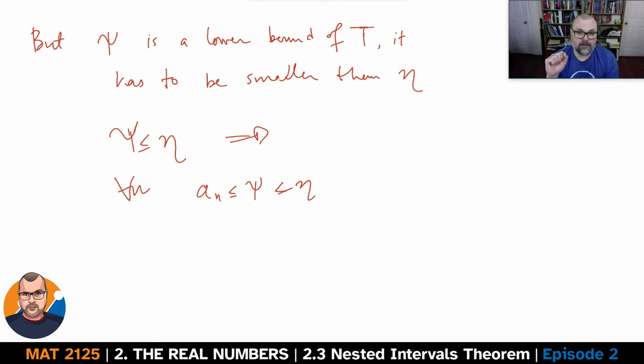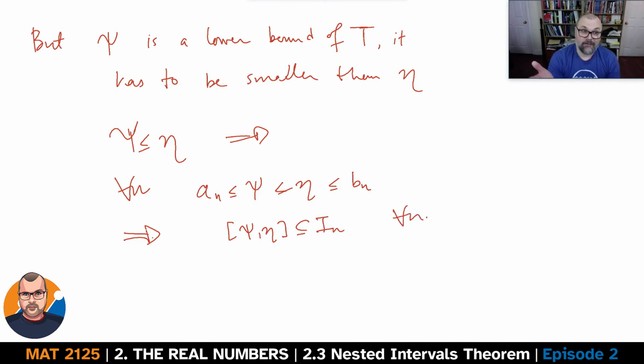Psi is smaller than eta, according to what we've just shown here. Eta is smaller than Bn, one of the other statements that we've shown previously. And so the interval formed by psi and eta is completely contained in the interval In for every n.